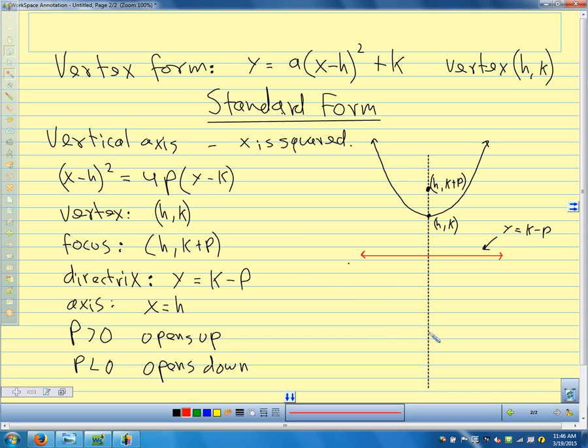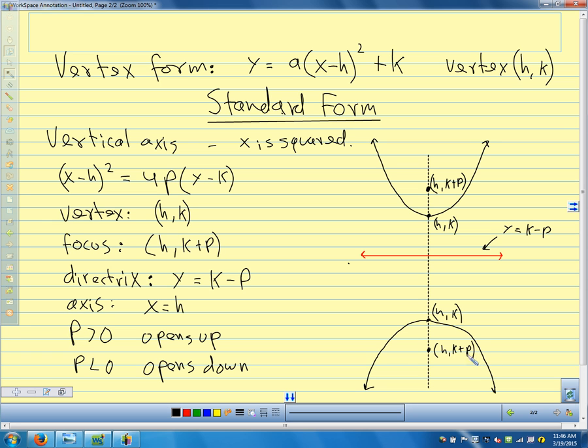And if we have a parabola opening down, if p is negative, our parabola is going to open down. Everything stays the same. So there's our vertex at (h, k). There's our focus at (h, k plus p).